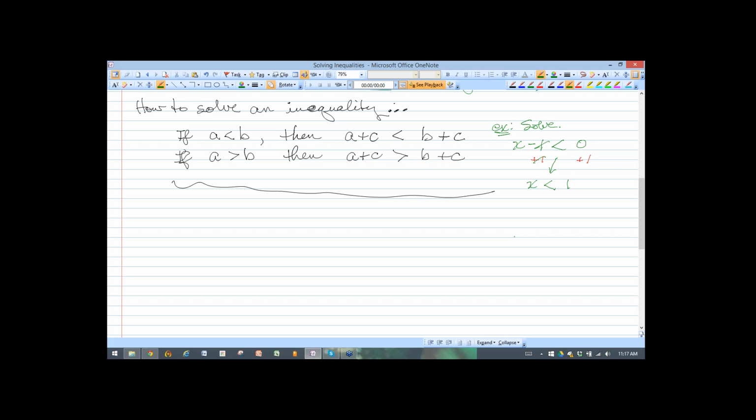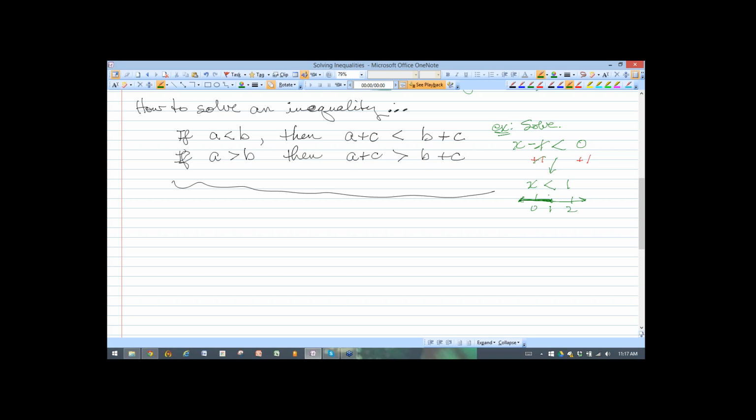All right, and so if I wanted to look at that solution graphically, less than 1, you want to center it. On paper, you can center your number line at 1. Less than, I'll shade to the left. And notice it's not or equal to, it's only less than, so it can't be 1.